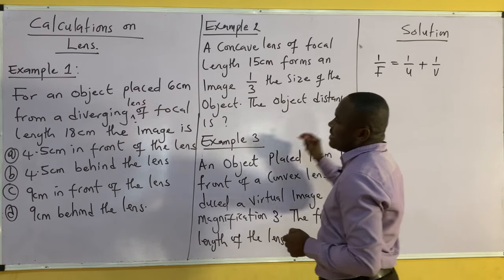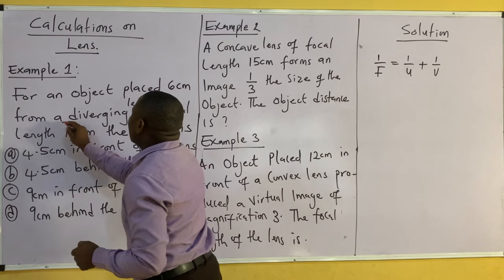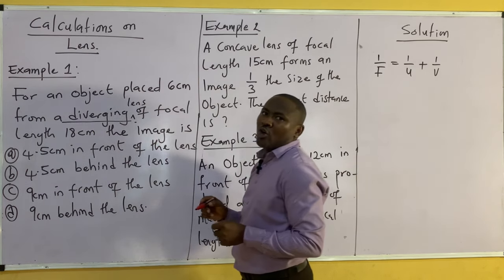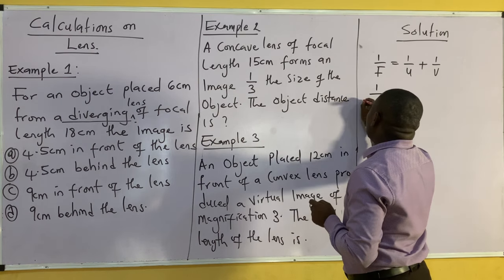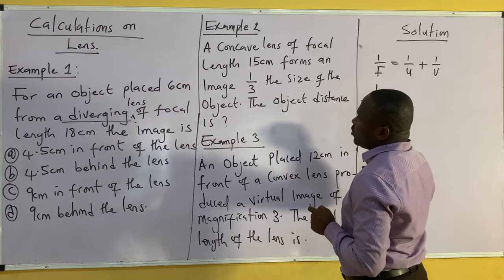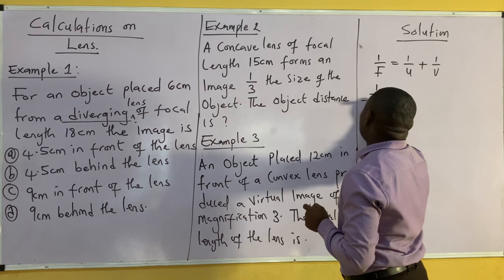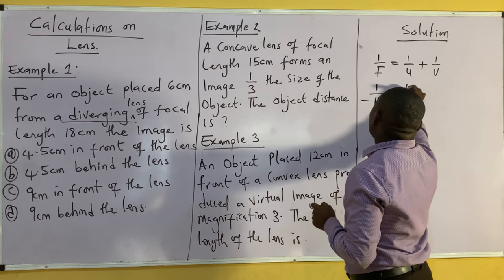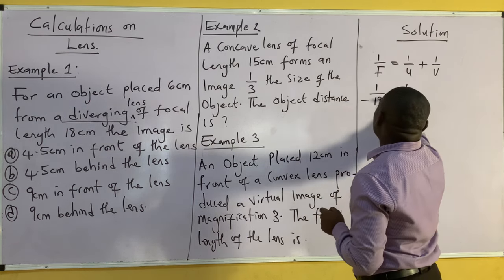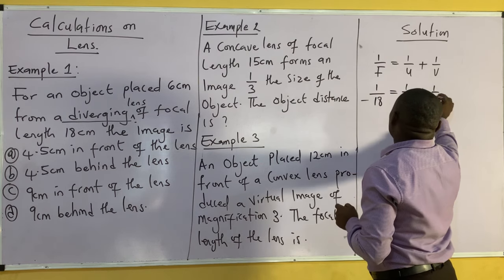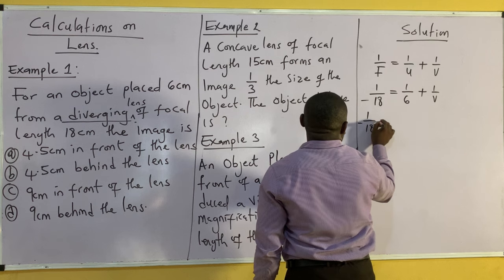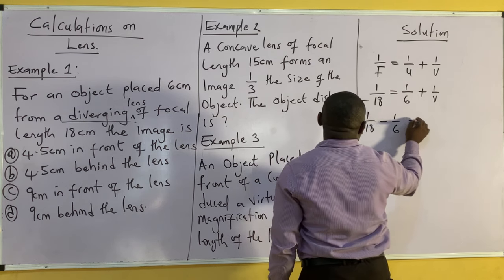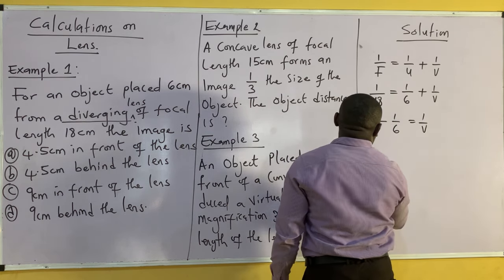Now, the lens we are dealing with is a diverging lens. That's a concave lens, and for a concave lens, the focal length is negative. So it's 1 over minus 18 equals 1 over the object distance, 6, plus 1 over v. You take this, where we have 1 over minus 18 minus 1 over 6 equals 1 over v.